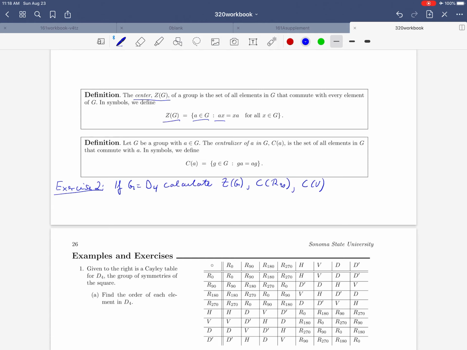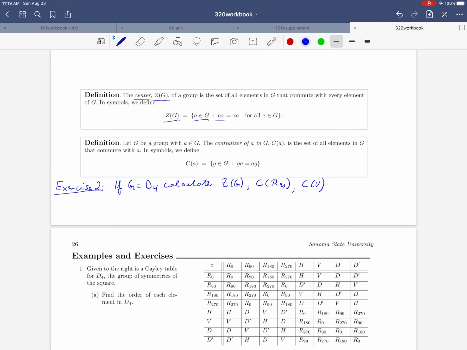It's all elements that commute with every other element. So the center of a group is a subset defined via all things that are true about the elements in a group.